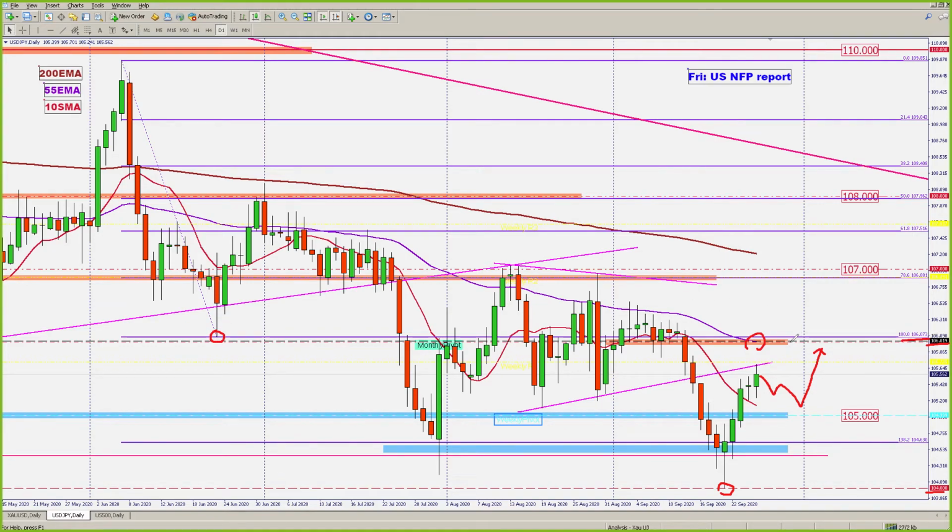So that's the key resistance zone here. This will be a strong resistance zone. And it has climbed back up to retest the lower triangle trend line that it fell from. So it could be consolidation first, and we'll see how the US dollar recovers for next week.